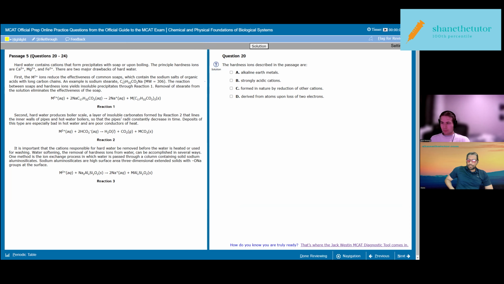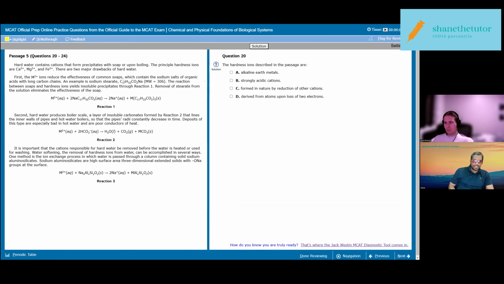So a soap has a hydrophobic long carbon chain region that can solubilize the fats and oils, but it also has a charged end, which makes it hydrophilic. So when you lather yourself with soap, the fats, oils and grease get solubilized or attached to the hydrophobic part of the soap. And when you then use water, the water solubilizes and attaches to the charged part of the soap, and you get that out.